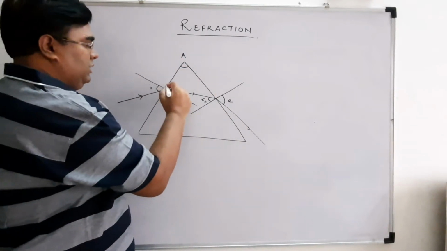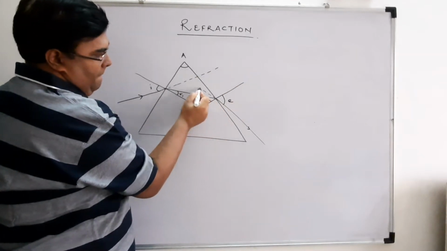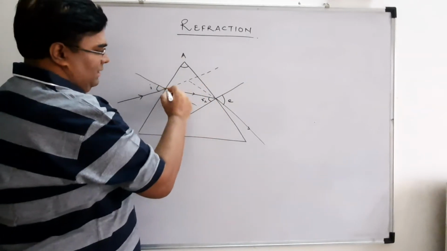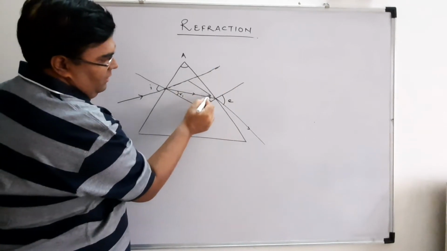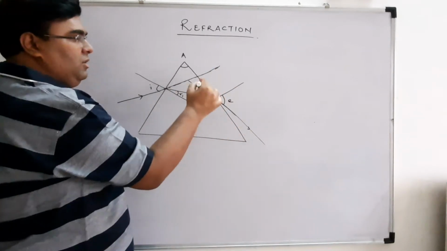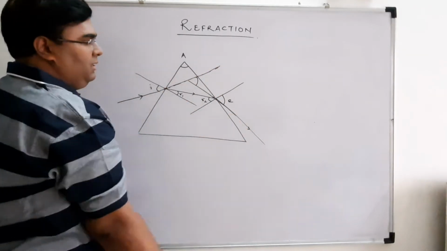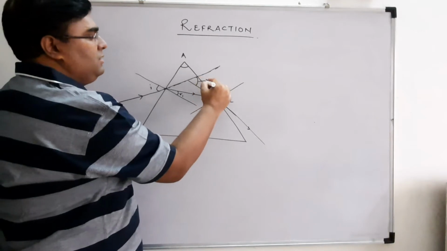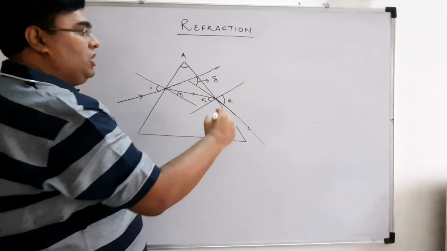If you just check what has happened, it was going in this direction, but now it is going in this direction. So this angle between the original direction and the new direction is known as my angle of deviation.